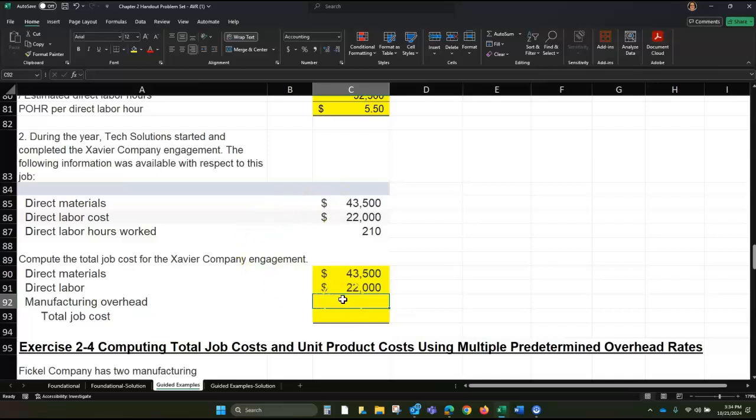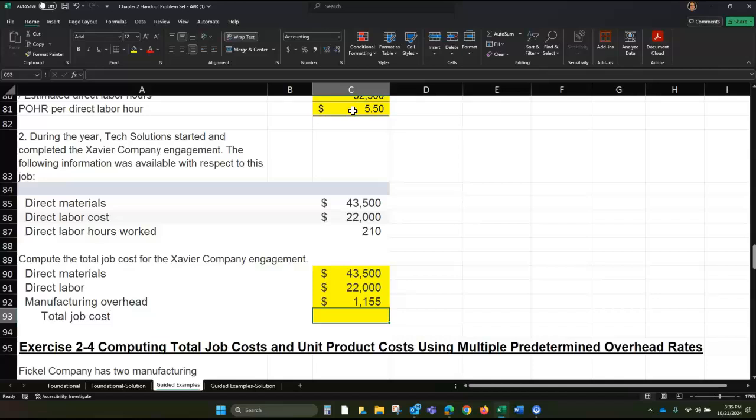And we've got our manufacturing overhead. So how do we get our manufacturing overhead? Good. Okay. So we pick up our 210 hours that were actually worked on the job times the 5.50 estimated rate.